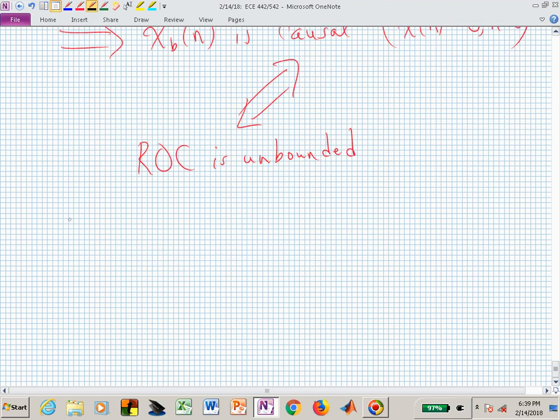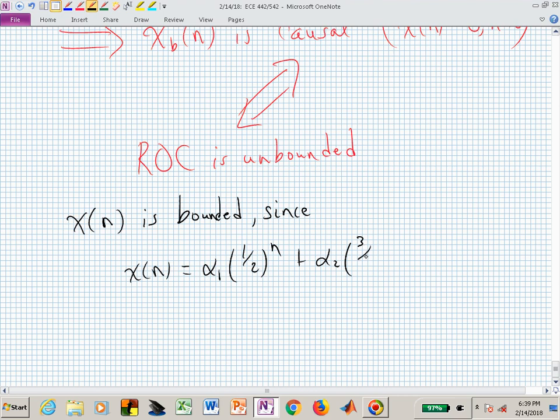So now we know that x of little n is bounded, since we knew the structure. x of n was equal to alpha 1 (1/2) to the n plus alpha 2 (3/4) to the n for n greater than or equal to 0.